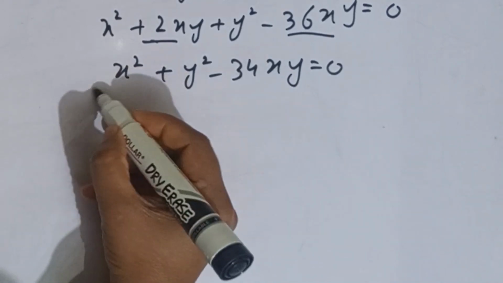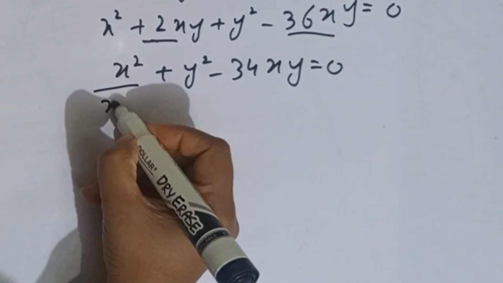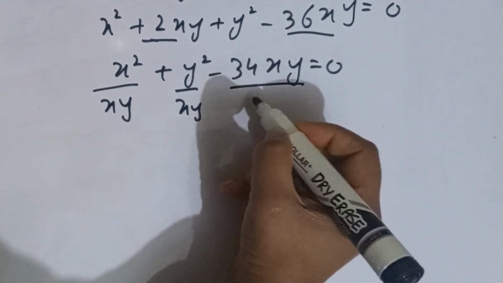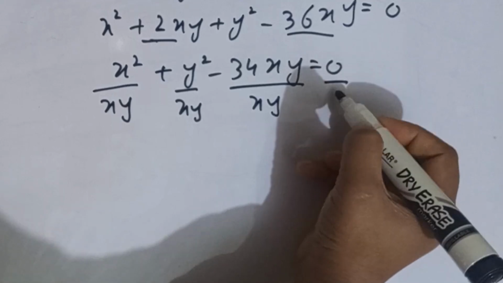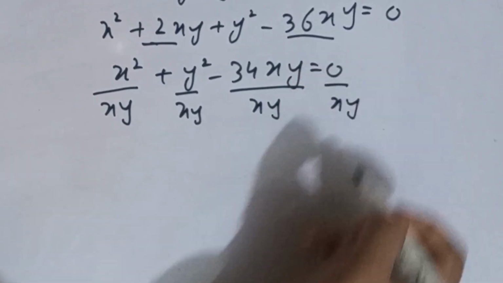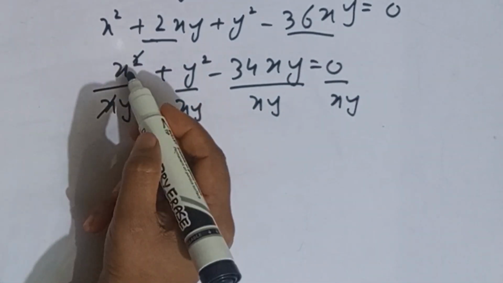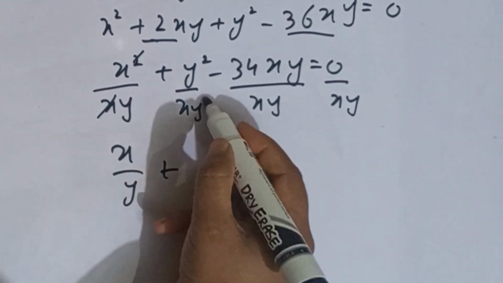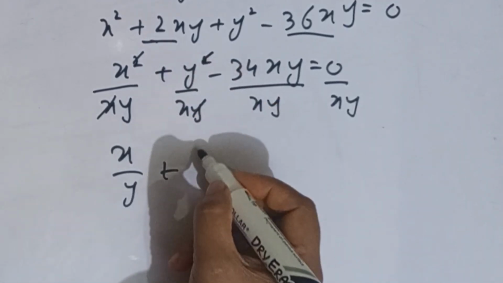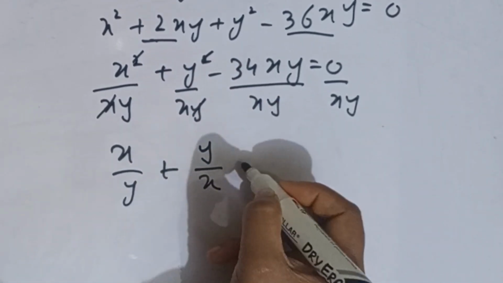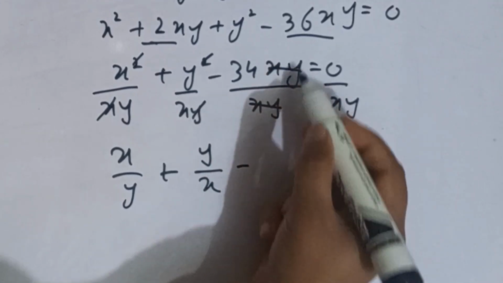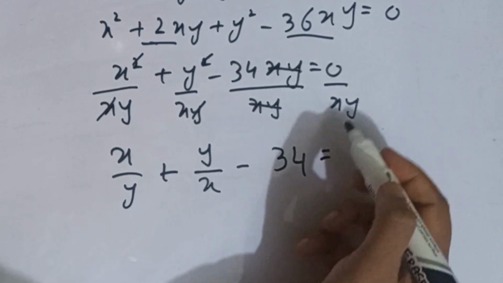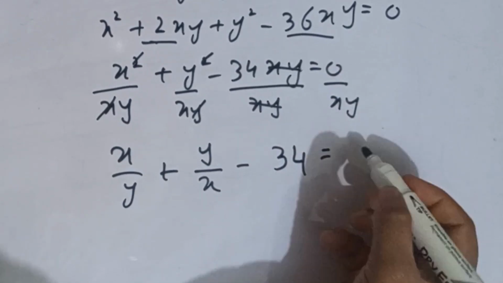Dividing each term by xy, the x's cancel and we get x over y, plus y over x, minus 34 since the xy cancels, and 0 divided by xy is just 0.